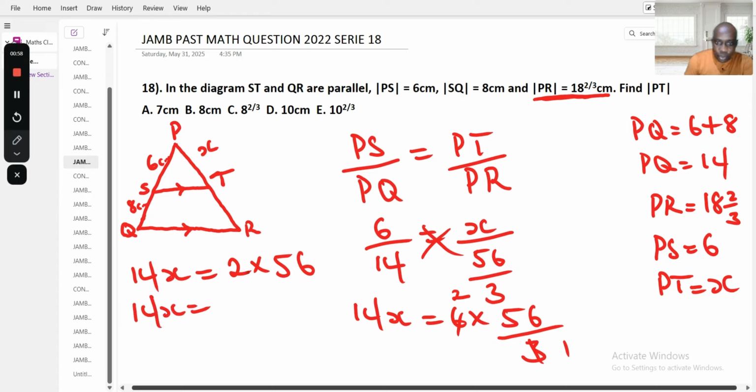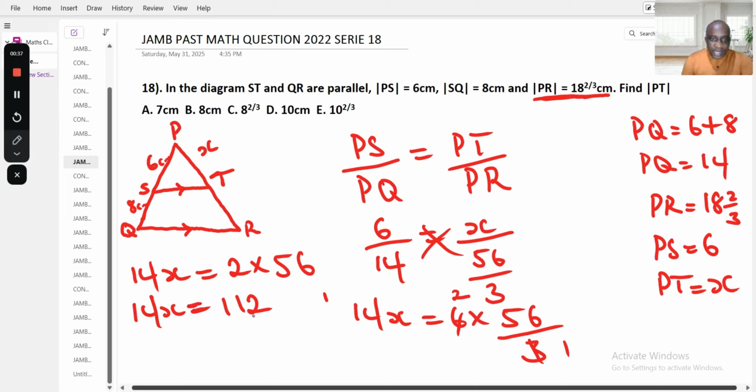14x is equal to 56 multiplied by 2. 2 times 6 is 12. Let me write 2, remainder 1. 2 times 5 is 10, plus 1 is 11. We have 14x equals 112.